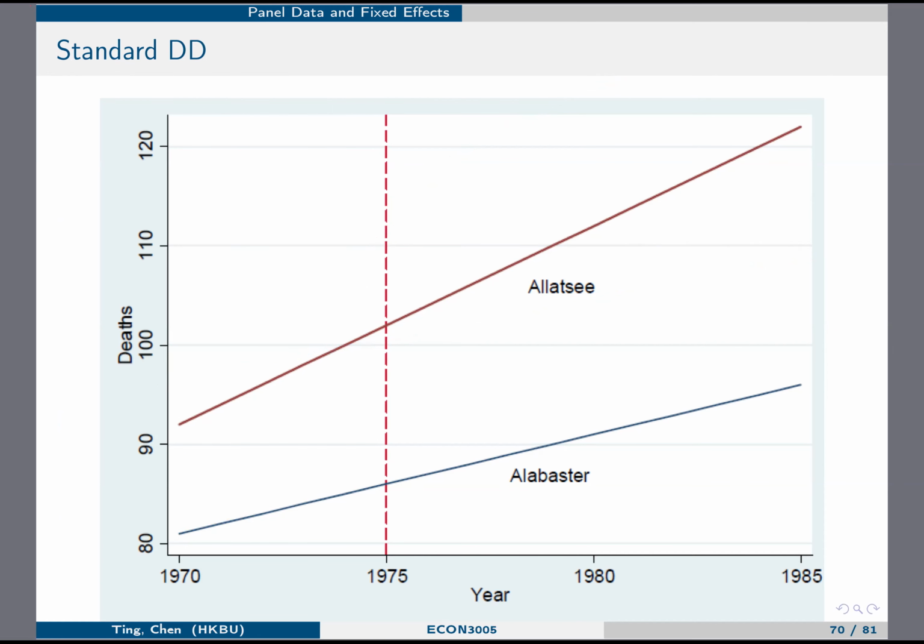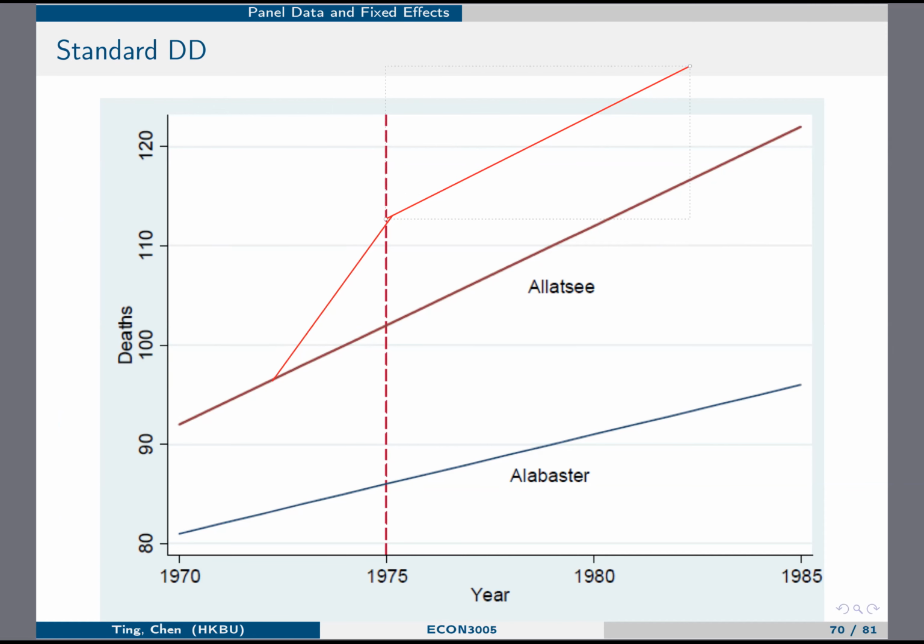Okay, let's clean it all and let me draw it again using a straight line. Suppose this is when the treatment applies, and then after that, it will use the original growth rate.